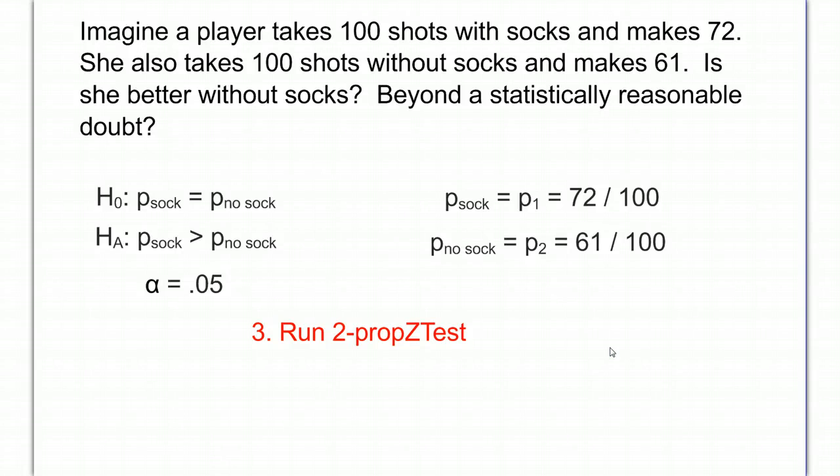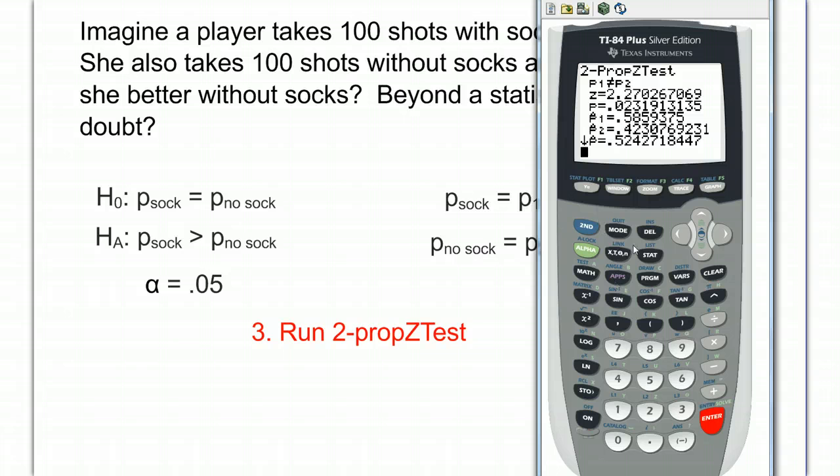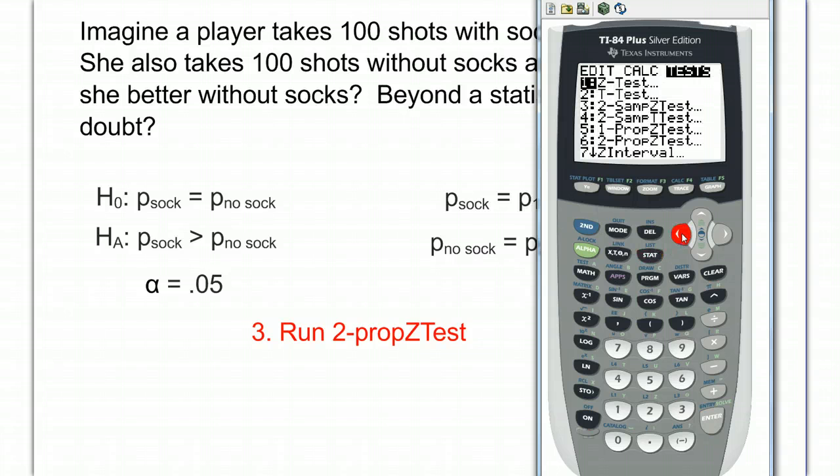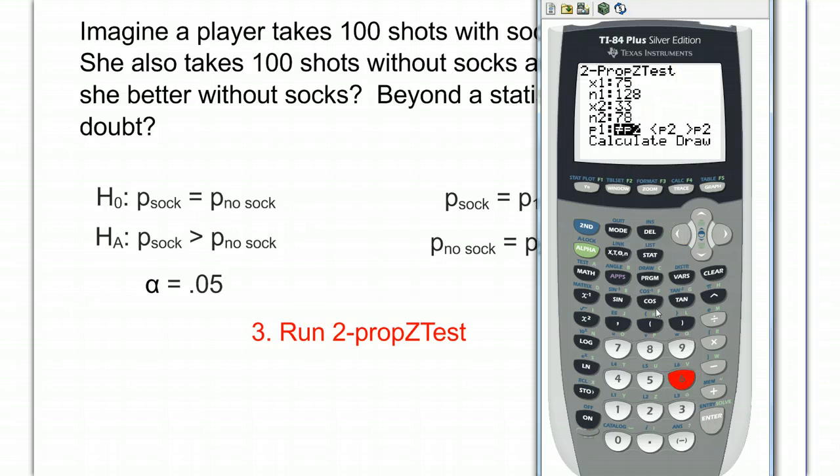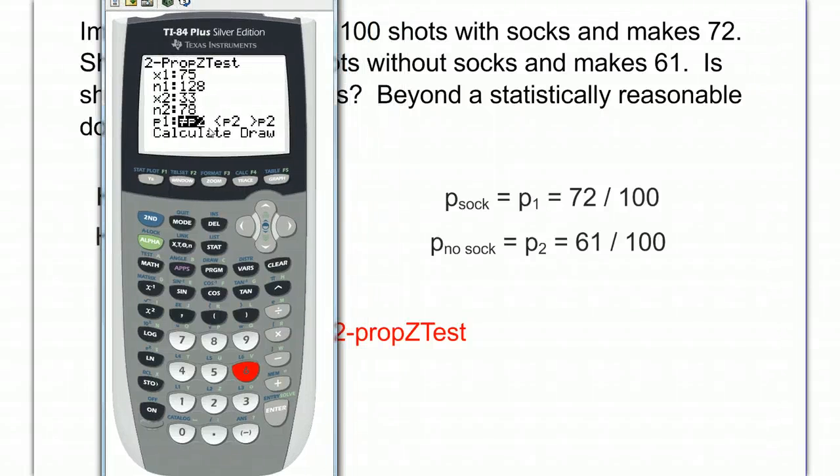Last step, once you have all this information written down, is to run your 2-prop z-test on your calculator. So let's go to Stat Test. The 6th one down is your 2-prop z-test. And let's type in these values. So our P1 is going to be 72 over 100. Our P2 is going to be 61 over 100.